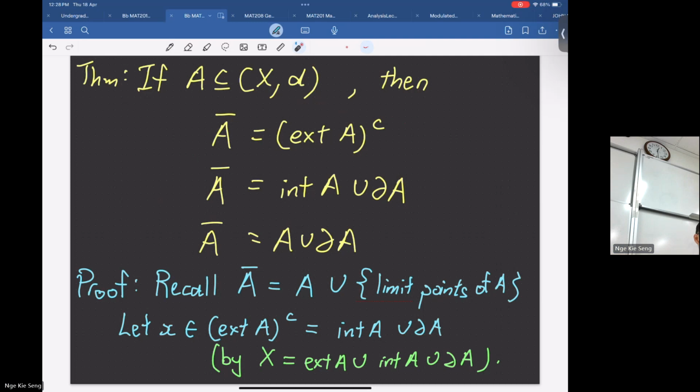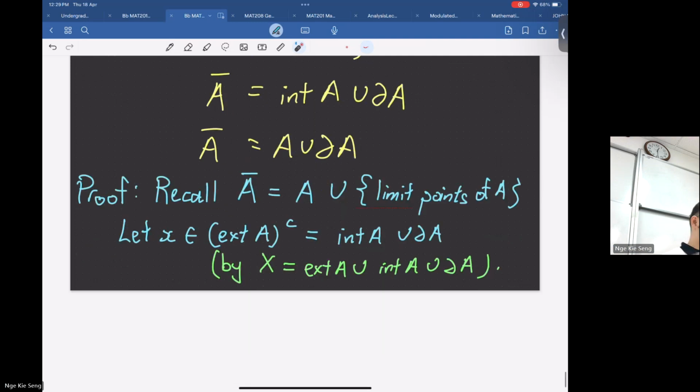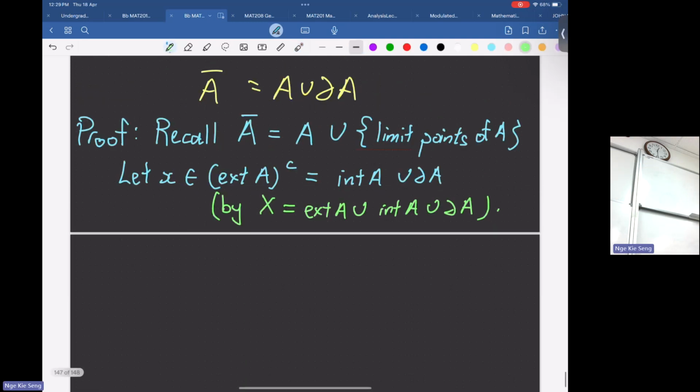Okay. So can we straight away prove from the exterior of A without knowing this one? Right. Yeah, right. Okay. Can we do it without knowing the complement of the exterior of A equals the interior of A union the boundary of A? So I mean, you just use set theory, right?